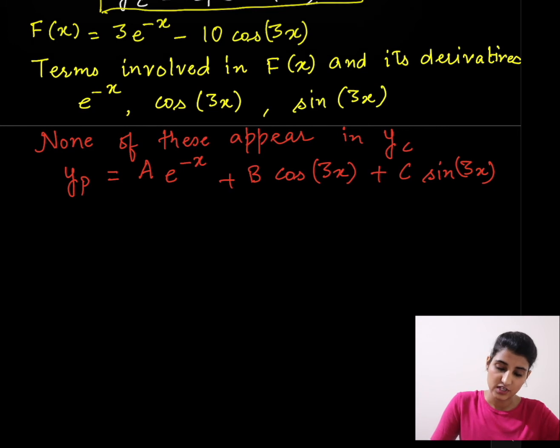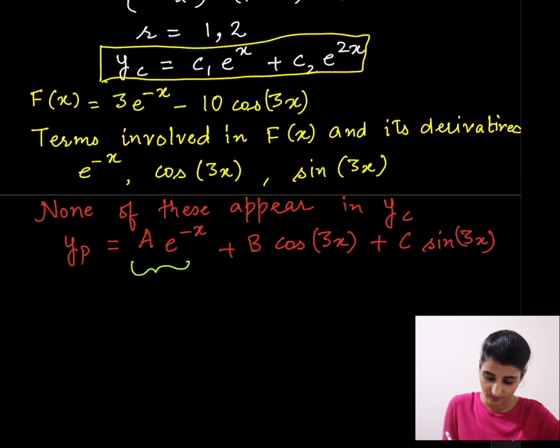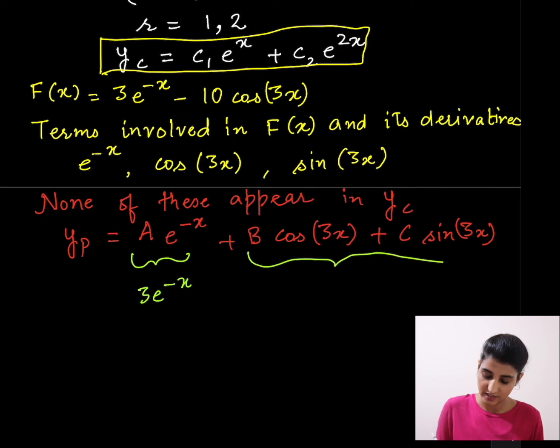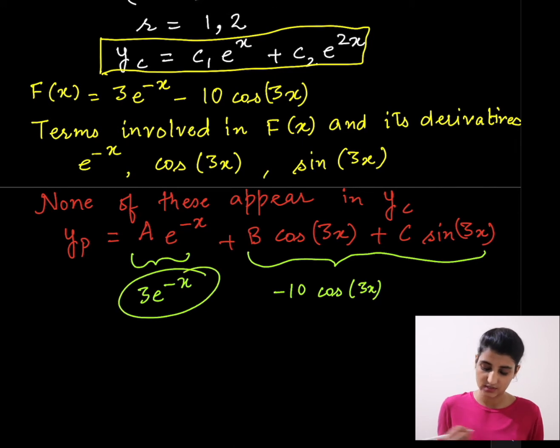The first term over here corresponds to 3 times e^(-x), and the last two terms correspond to the part of f(x) which is negative 10 cosine 3x.